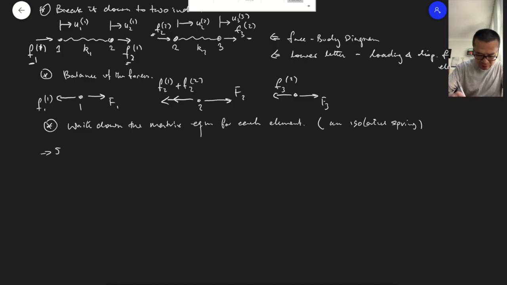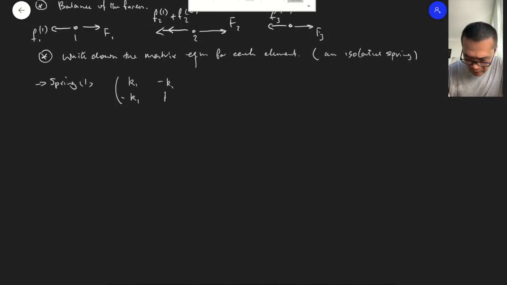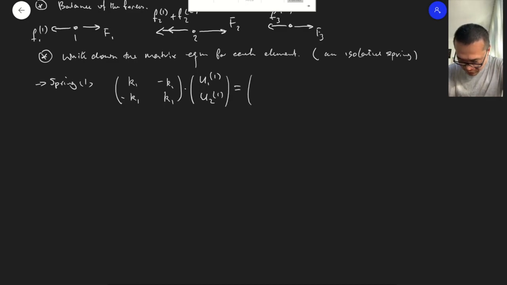So for spring 1, the matrix equation looks like this: [K1, -K1; -K1, K1] times [u1, u2] on spring 1 equals [f1, f2] on spring 1.